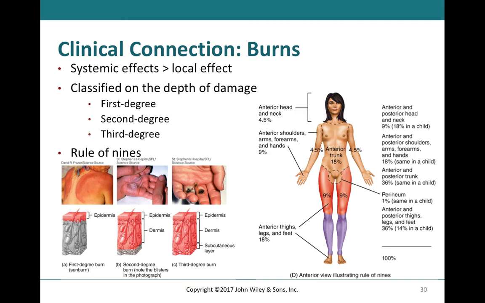So we have 3 different types of burns. We classify them based on the depth and the damage going on. First degree burn will damage the epidermis, whereas second degree burn damages the epidermis and the dermis, and then the third degree burn is going to be a full thickness and go all the way through both layers of true skin and through the subcutaneous layer.